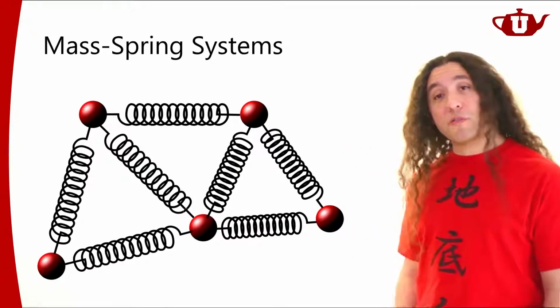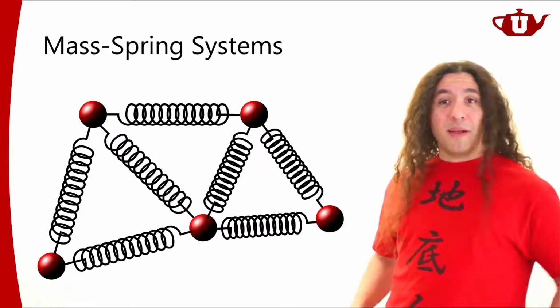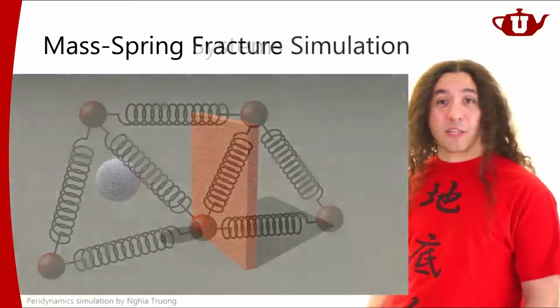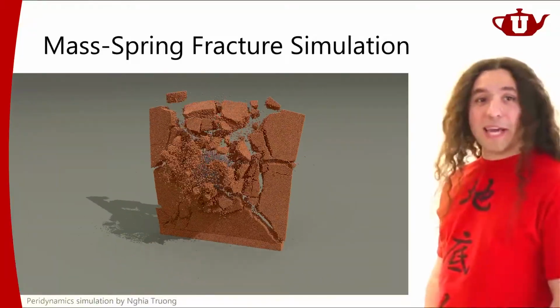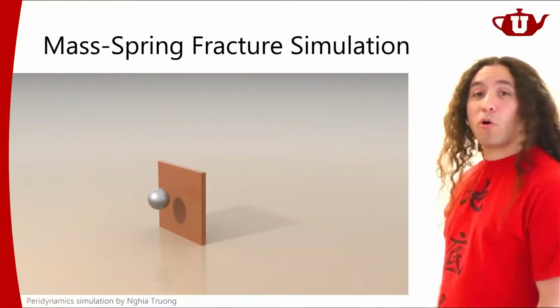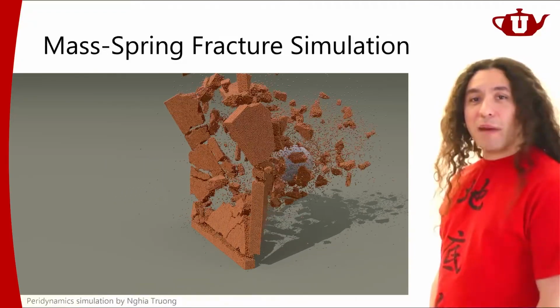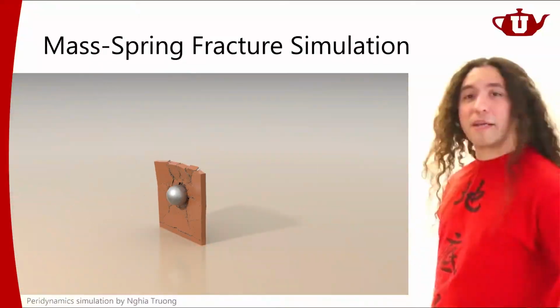They can also be used for simulating brittle objects, not just deformable objects. An example of that would be a fracture simulation. So here's an example fracture simulation. In this case, we have a whole bunch of mass particles connected by springs.